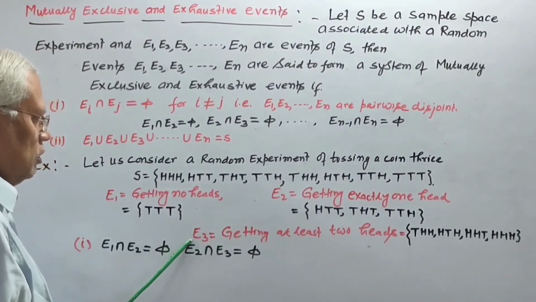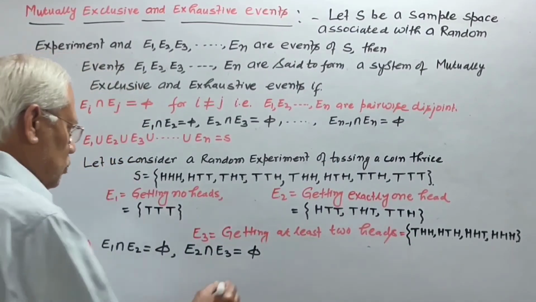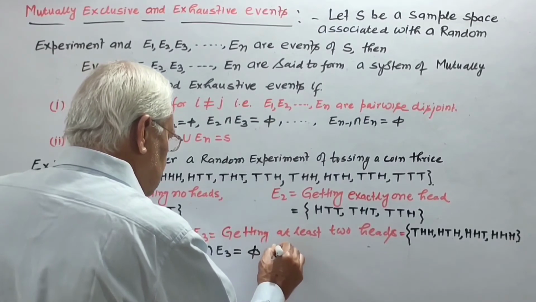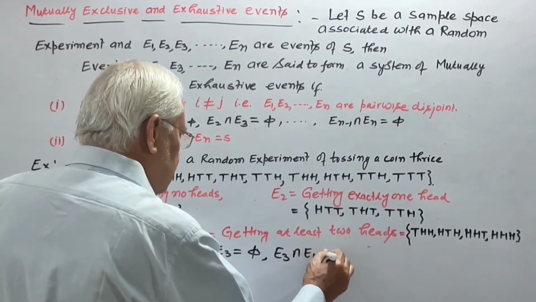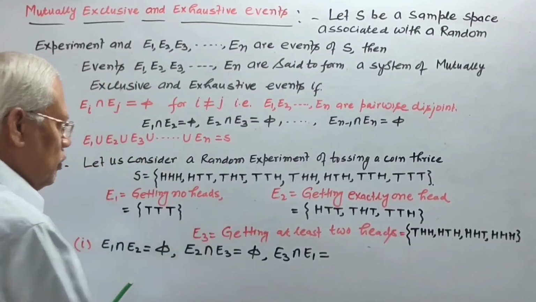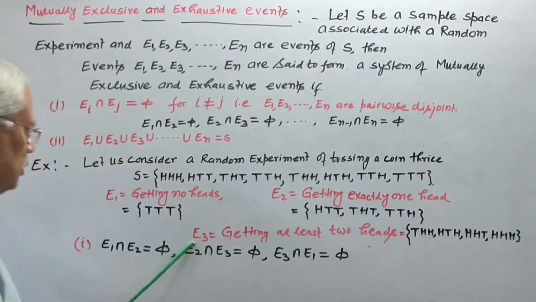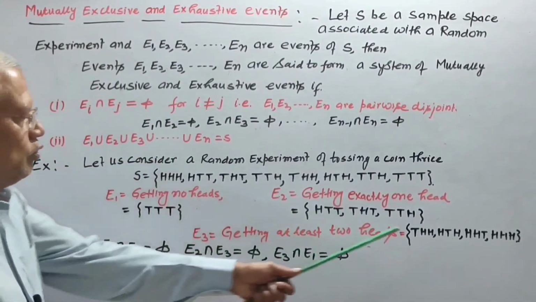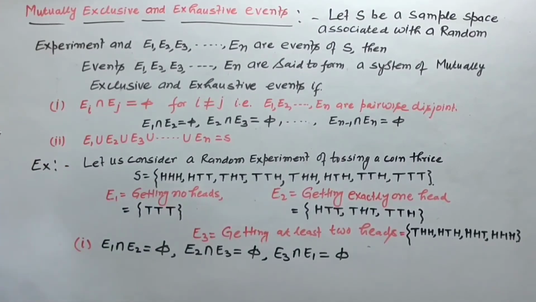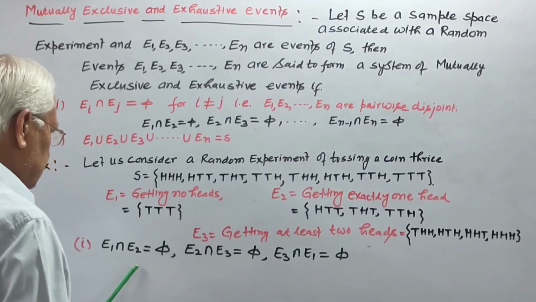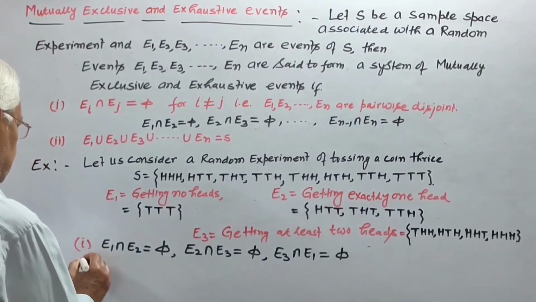No element is common between these two, so this is also phi. And E3 intersection E1, this is also equal to phi. Nothing is common between these two. So first condition is satisfied, that is E1, E2, E3 are pairwise disjoint.